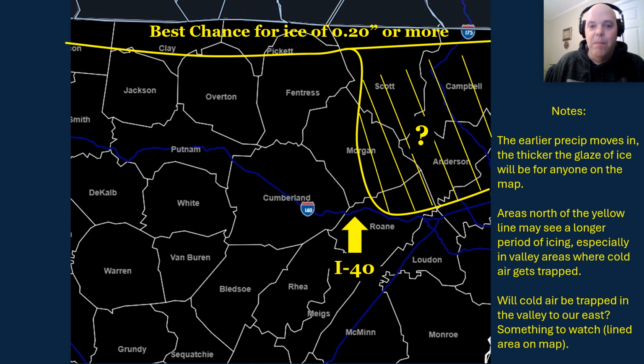That's something to keep in the back of your mind. But again, for the rest of us, we're looking at a glaze of ice that would be highly impactful to travel, but we're not looking for impacts to the power grid or tree damage and the like, at least not at this point with the data that we have, and all the data that's come in from days ago all the way up until now.